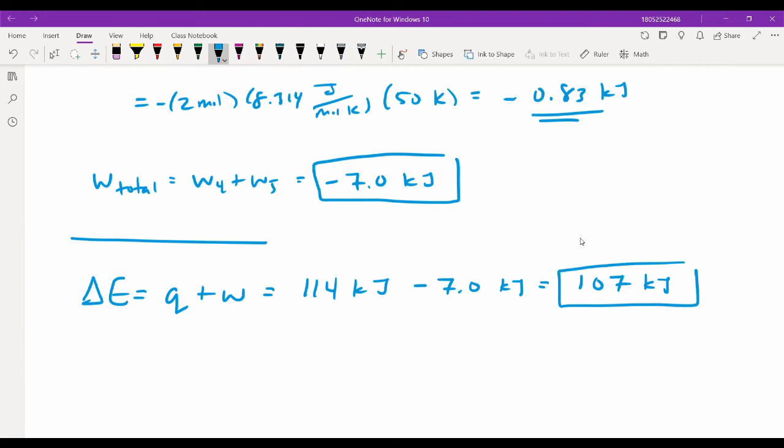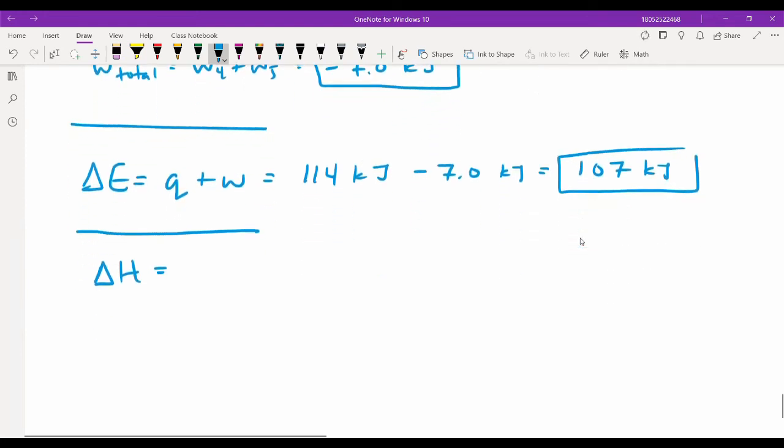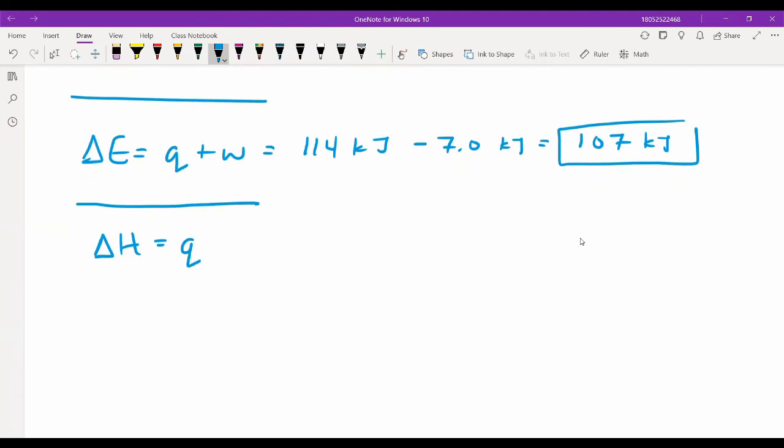And then also for delta H, we don't have to do this for each step because this whole thing is constant pressure. So what is delta H equal to if it's constant pressure? It's equal to Q, right? So constant pressure, this is always true. And we have that number already, 114.